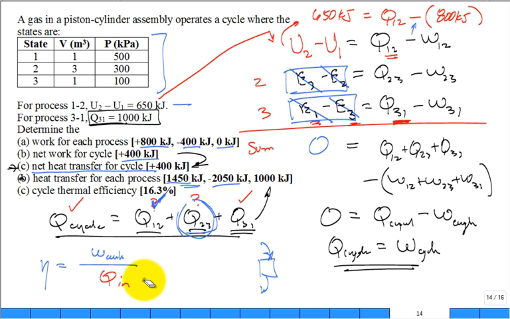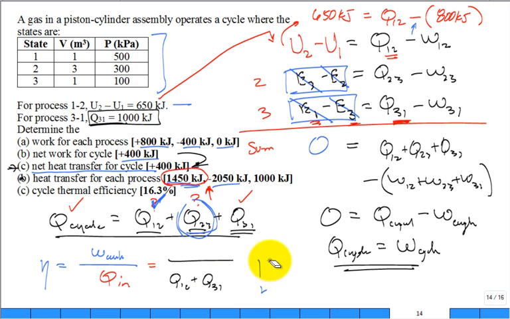All right, so I look back. In the process 1 to 2, is that a Q in or an out? It's an in at 1450. How about 2 to 3? Because of the negative sign, it's an out. And then from 3 to 1, is it an in or an out? It's an in. So Q in is the sum of Q1 to 2 plus Q3 to 1.